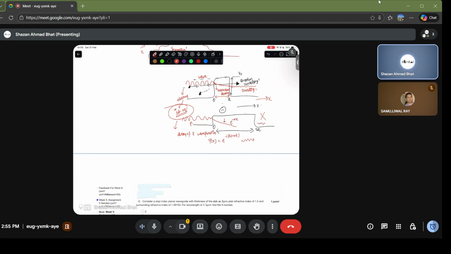Then again, if it leaks, you have a solution of e to the power minus i(kx minus omega t), except that the amplitude factor will be reduced by 2. That is the same thing. The story is the same, the mathematics is the same, and the concept is the same.